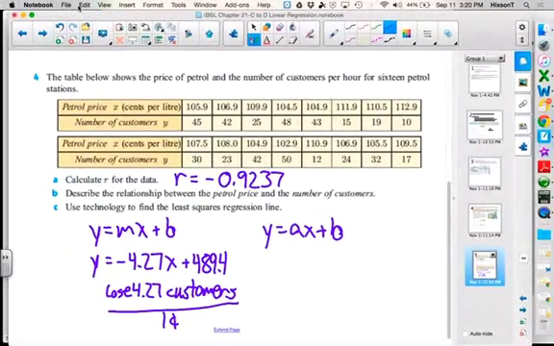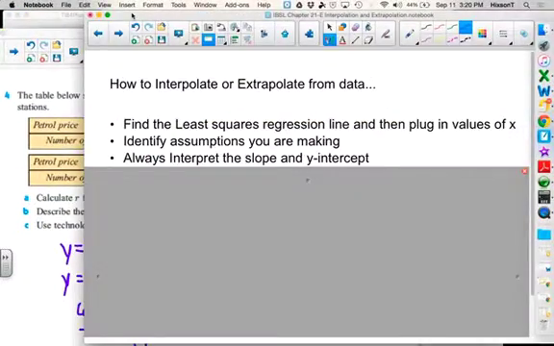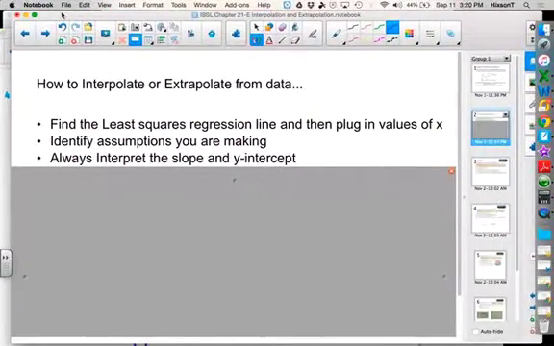Again, going back to this example, we said the y-intercept was if we were giving away free gas. That's how many customers we'd have. But also the slope. The slope tells us how many customers we would lose for every penny we increase the price. That's going to be an important value to identify, especially if we're using this for any kind of application or analysis. Okay, so interpret those.